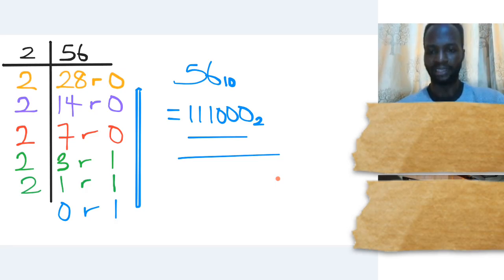That confirms what I said earlier about the digits in base 2: the digits in base 2 are only 0 and 1. All the digits in base 2 are only zeros and ones.